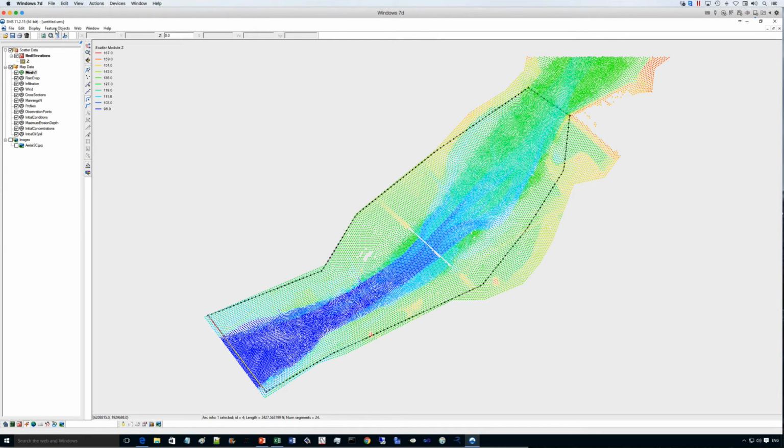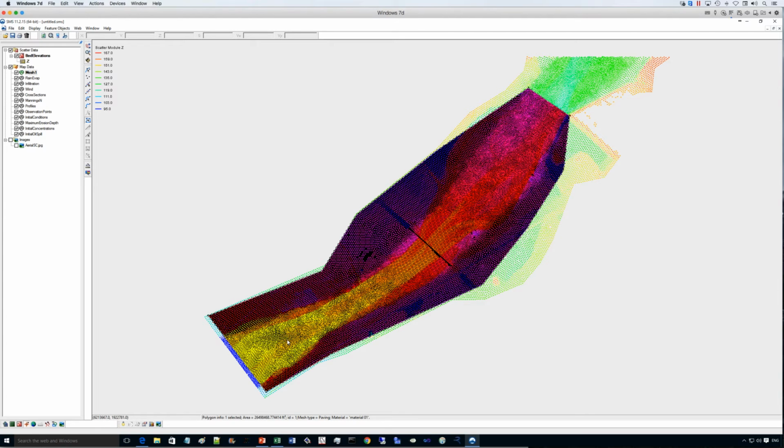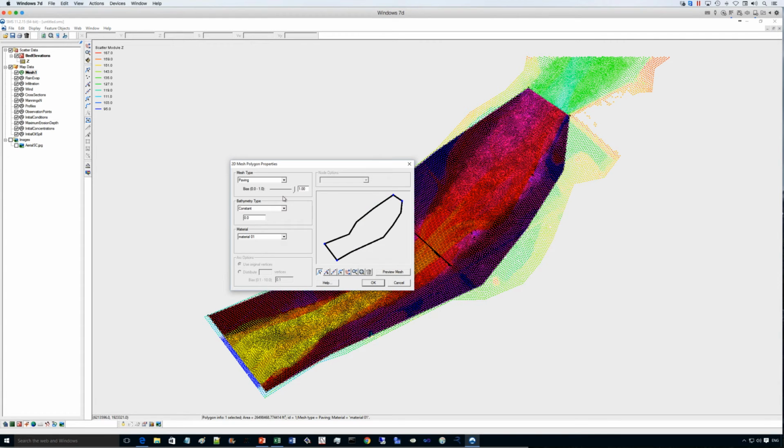Okay, now that I have the boundaries ready, I will build the polygons so that SMS understands that this is the internal part of the polygon that I need. So this is the polygon that will be the focus of the mesh, and I need to link this to the scatter set that represents the elevations.